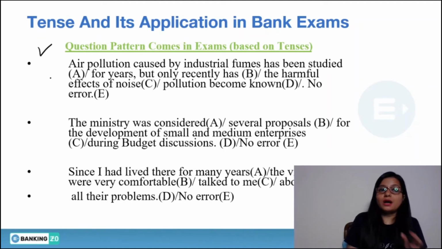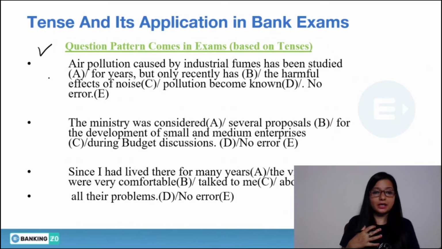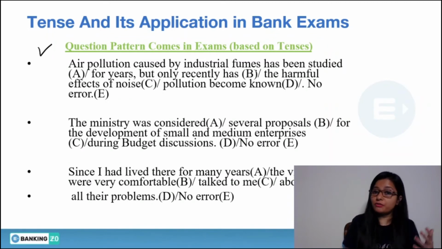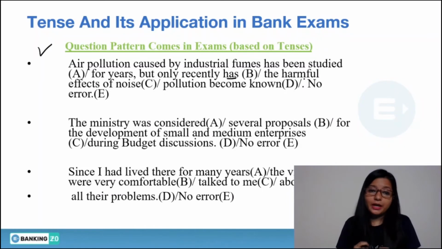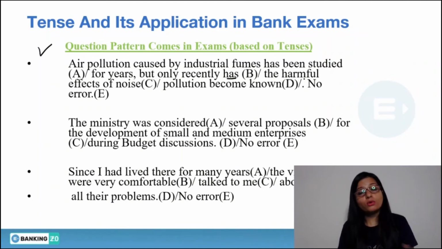First of all, you need to find where the mistake is. Air pollution caused by industrial fumes has been studied for years, but only recently has the harmful effects of noise pollution become known. If I tell you that you need to find the errors which are based on tenses only, then focus on the tense or the verb only.